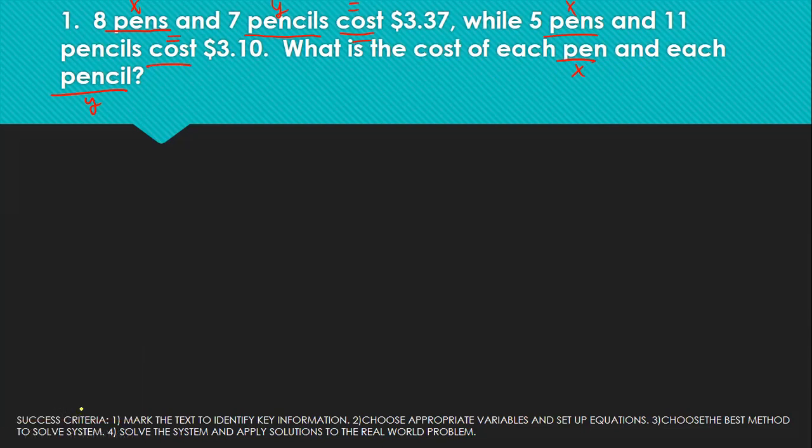So now that we've done that, we're going to set up our equations, right? What is our first equation? I can't hear y'all. There we go. Okay, what is my second equation?